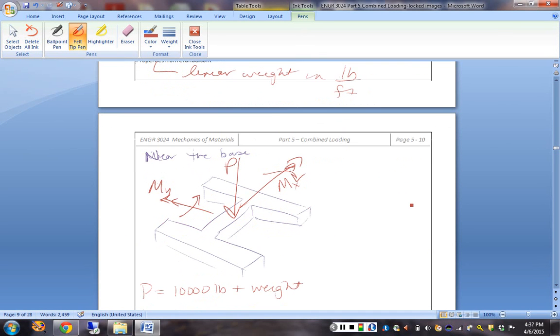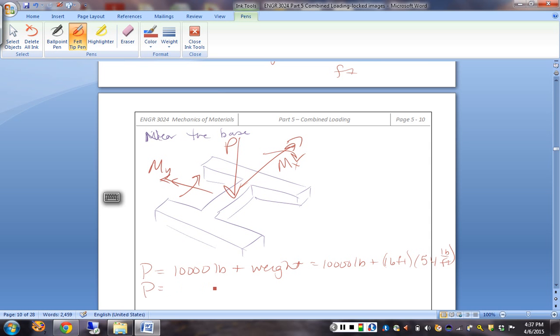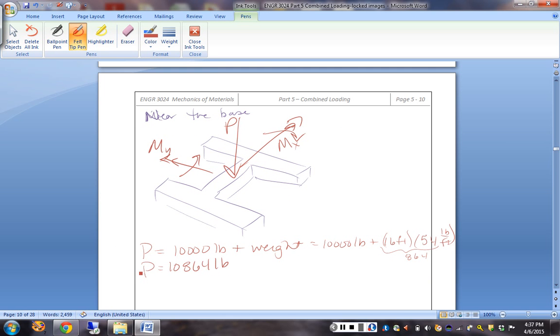So it is 16 feet tall. So this is 10,000 pounds plus 16 feet times 54 pounds per foot. That is 864, so we get 10,864 pounds. And we know from the geometry of it that that's compressive. That's why I've gone ahead and drawn it down.